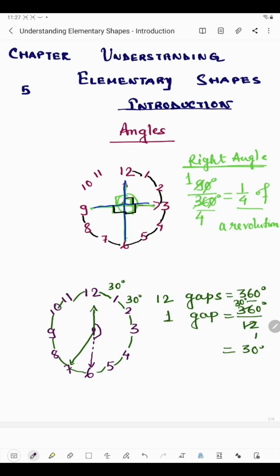Now if it reaches up to 7, up to this, that is 180 degrees, and we know that each gap is 30 degrees. So from 6 to 7 it makes 30 degrees. So from 12 to 7 it will be 0 plus 0 is 0, 8 plus 3 is 11, 1 plus 1 is 2. It makes 210 degrees.